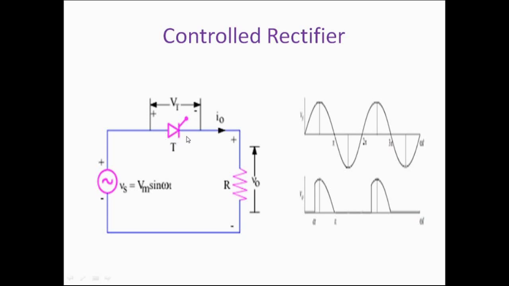Right now assume that it is connected like this. In the positive half cycle, if you apply a voltage to the gate, or if you inject a current to the gate, then only this SCR will turn on.